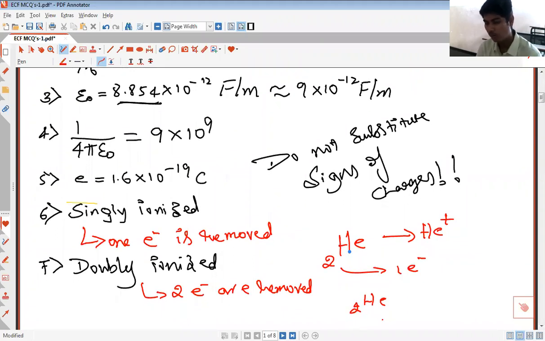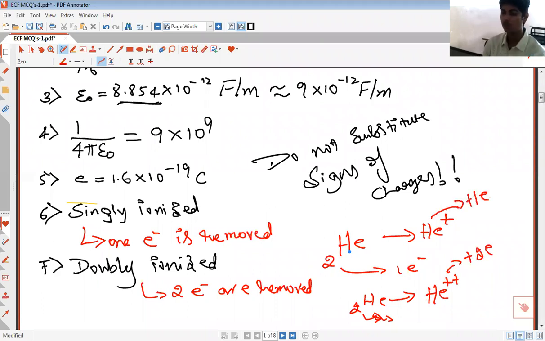If these two electrons are removed out of it, this helium acquires two positive charges, or the charge on this helium will be plus 2e. The charge on the singly ionized one will be plus 1e. So singly ionized means that one electron is removed out of the atom. Doubly ionized means two electrons are removed out of it.